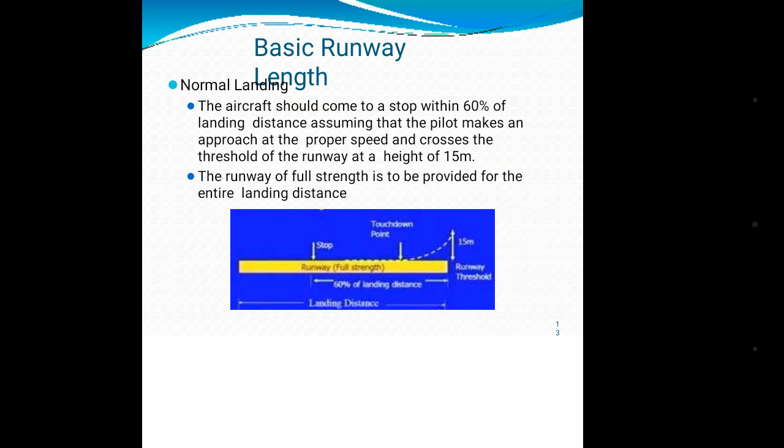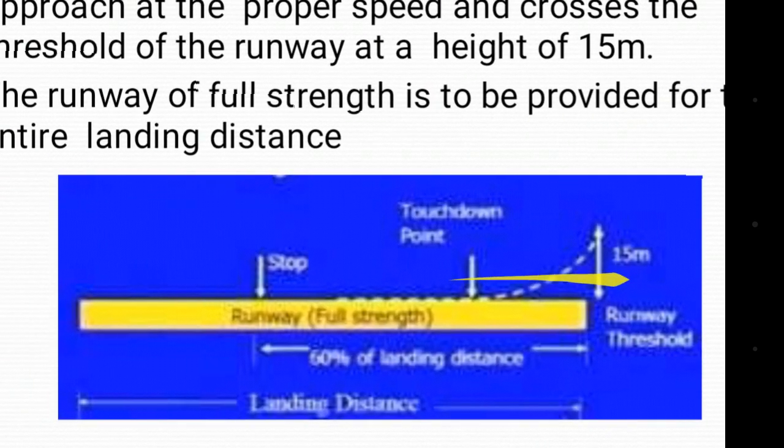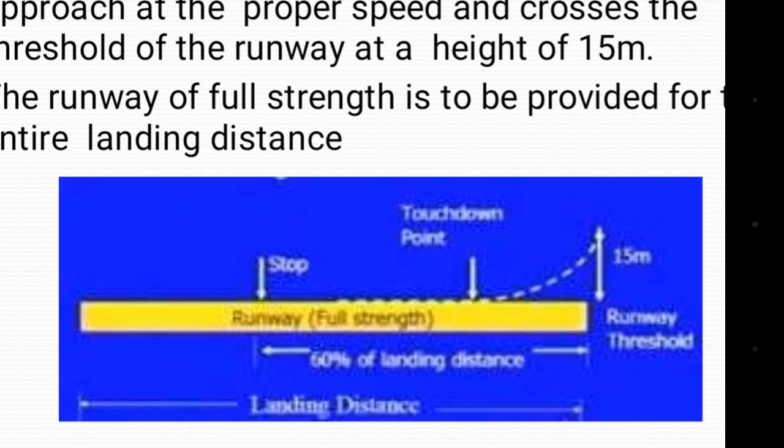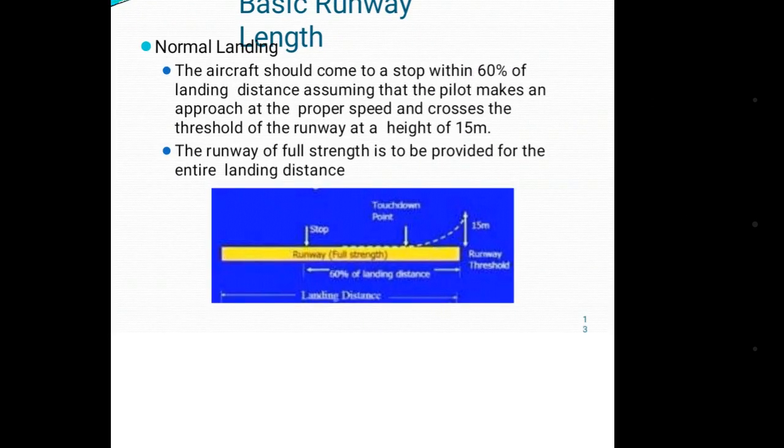The runway of full strength is to be provided for the entire landing distance. Now if you look at this particular picture, we require 60% of the landing distance at a height of 15 meters so that the aircraft will land easily. That is what we call normal landing.